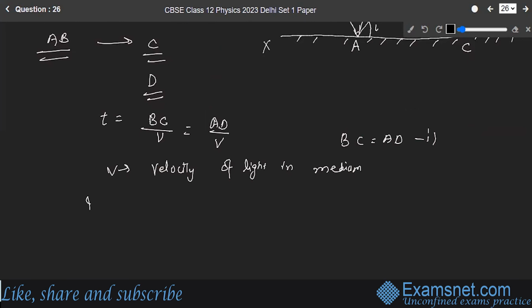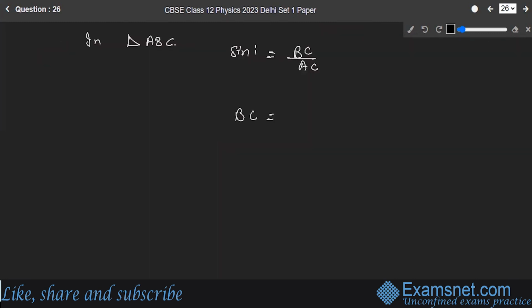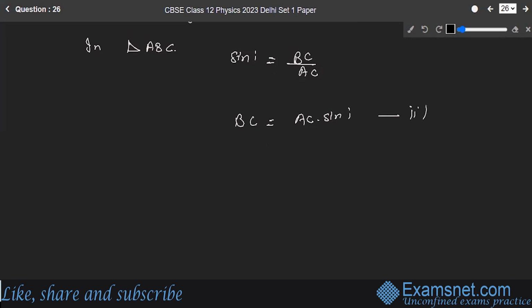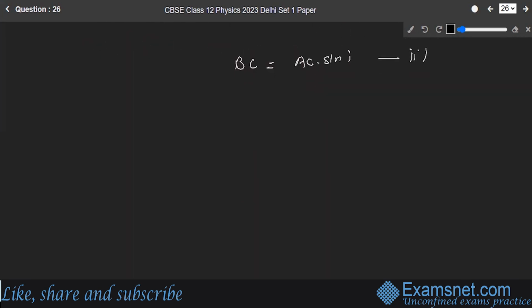Now in the right angle triangle ABC, you have sine I equal to BC upon AC, or BC is equal to AC into sine I. Let's say this is equation 2. Now in the triangle ADC, you have sine R as AD upon AC, or AD is equal to AC into sine R. Let's say this is equation 3.